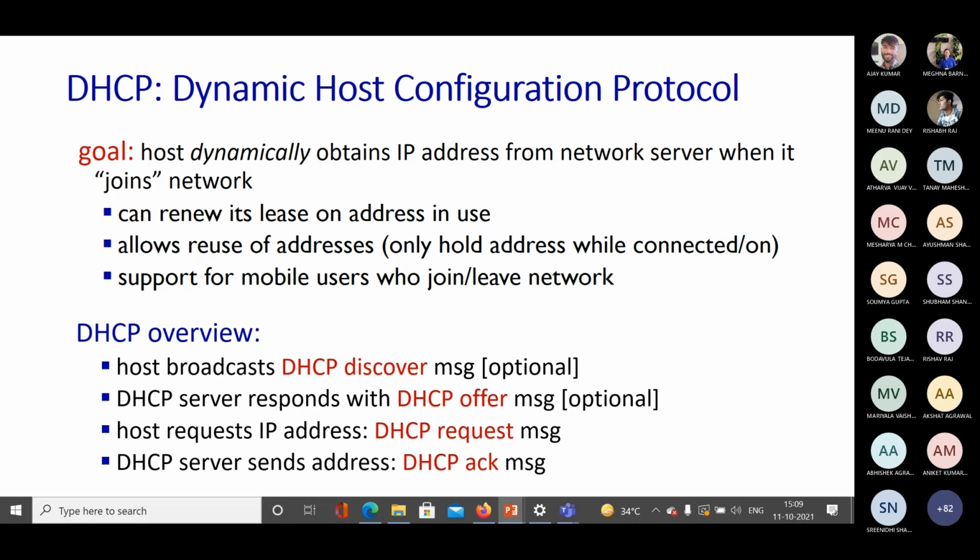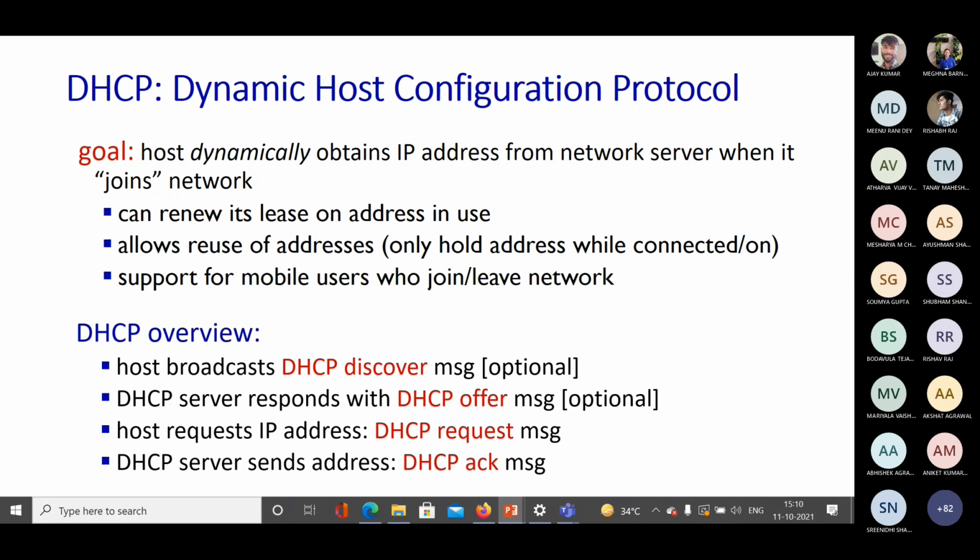Why it is optional, I think you will understand when you see the diagram, and also you can think of it. I will explain if you still cannot understand why it is optional. But just note that these two steps are optional in certain cases. Okay, but we are going to read the entire one.